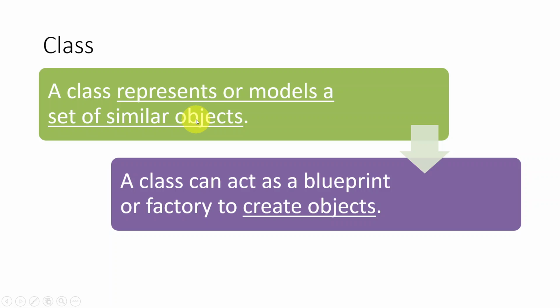So in order to model all the account objects, we can have an account class. And also a class can act like a blueprint or factory to create objects at runtime.